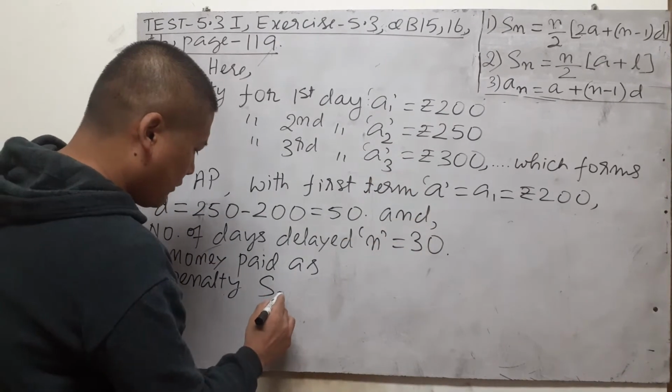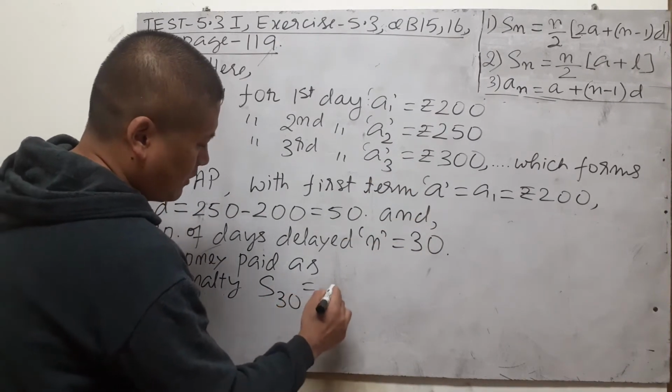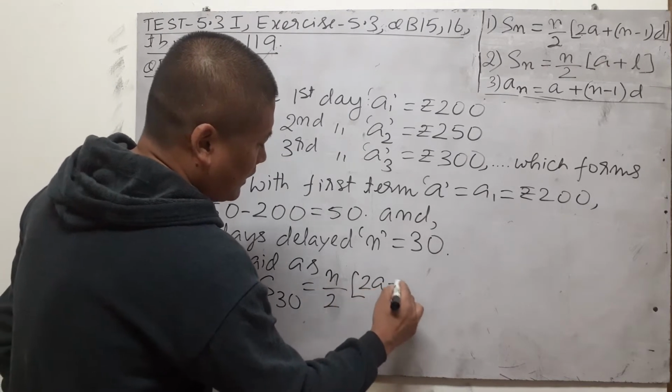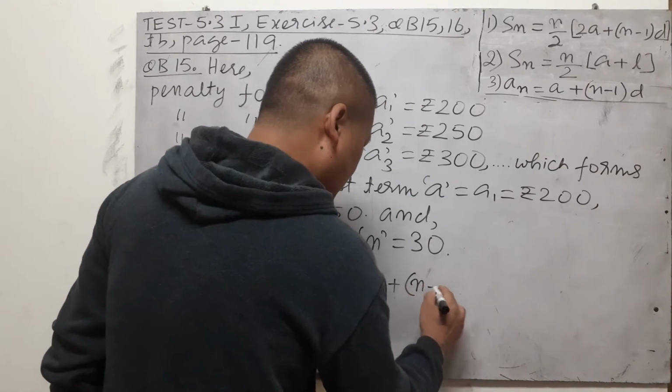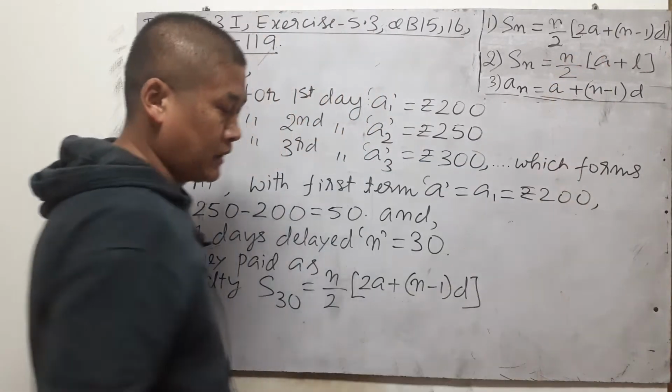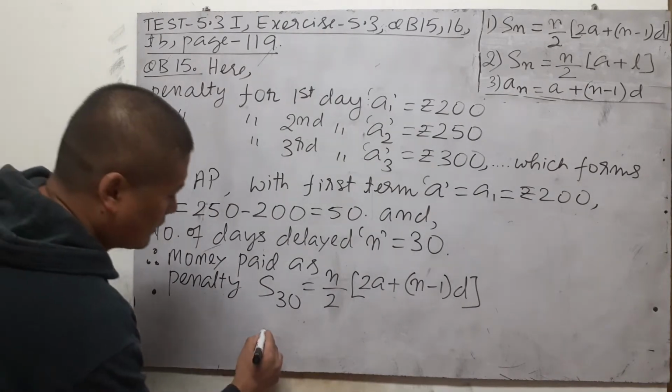So the sum of 30 terms will be n divided by 2 into 2a plus n minus 1 into d. We are using this formula. Okay, so we can just continue.